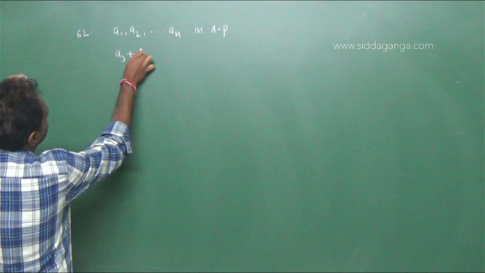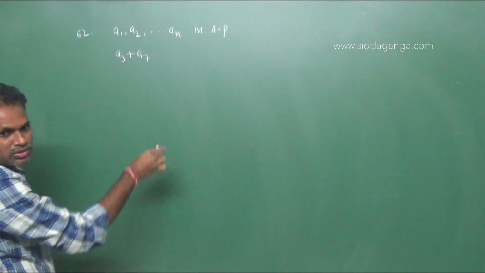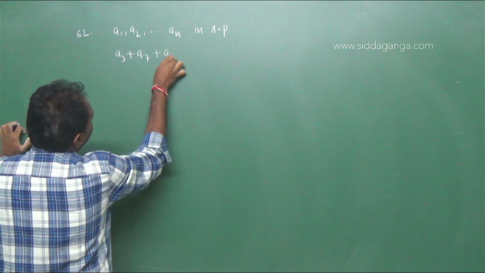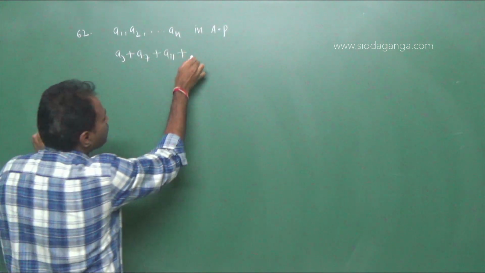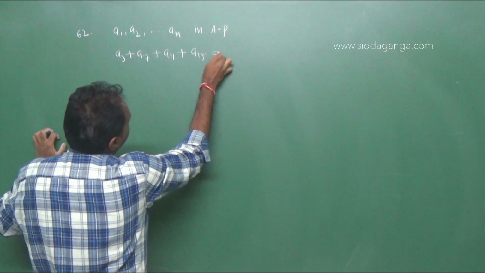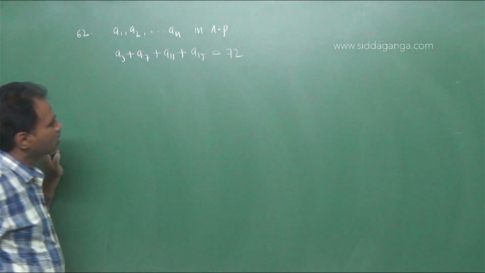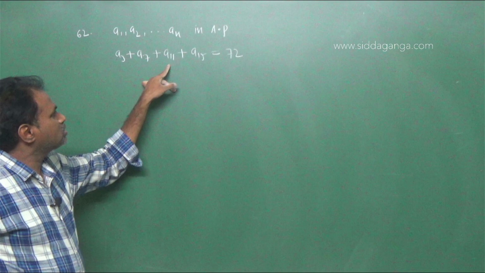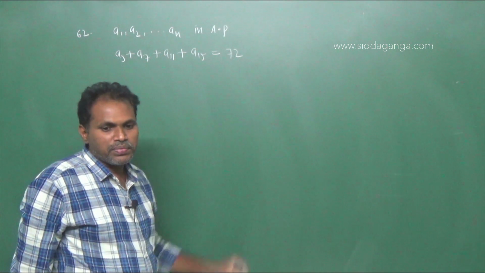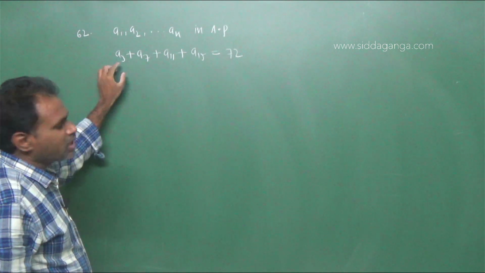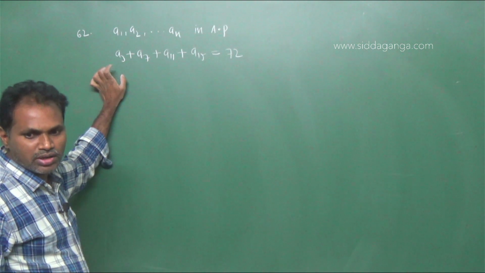Now a3 plus a7 plus a11 plus a15 equals 72, given. a3 means the third term in the arithmetic progression.